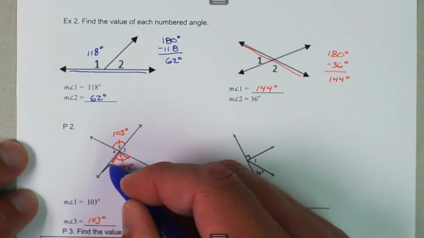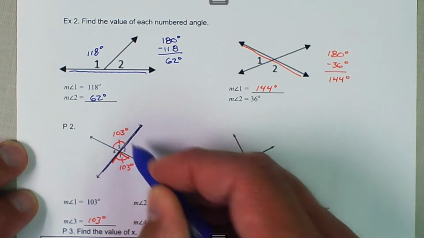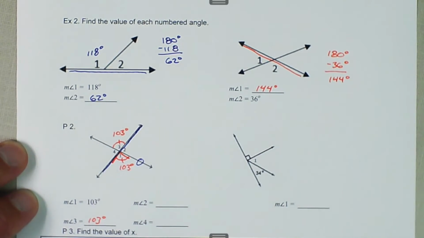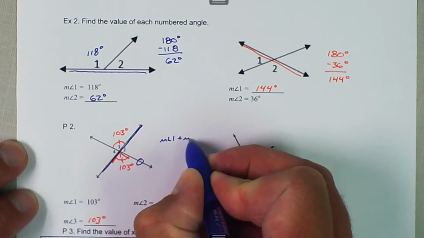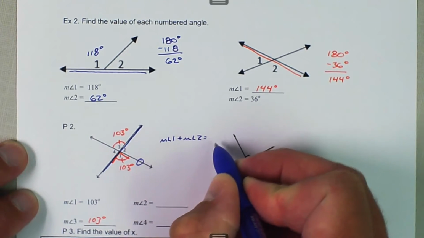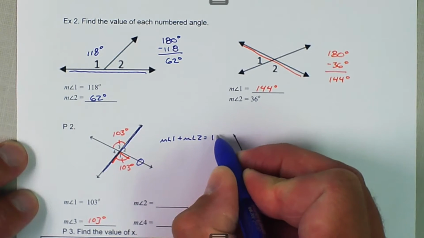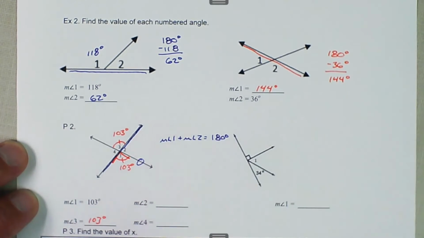Now from there, we should be able to see that this is a linear pair that share this side. And so the measure of angle 1 plus the measure of angle 2 is equal to 180 degrees.